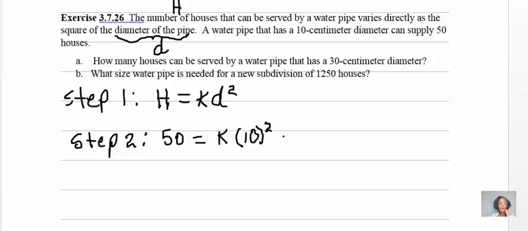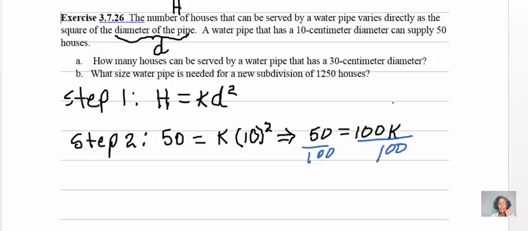We need to square that. So 50 equals 100K. 10 squared is 100. So let's divide both sides by 100 here to isolate our K. And we see that 0.5 is equal to K.